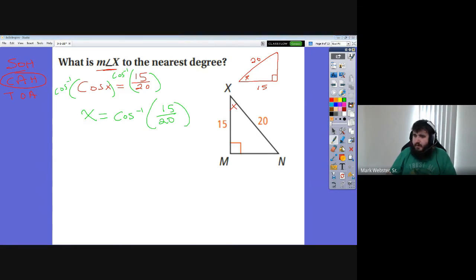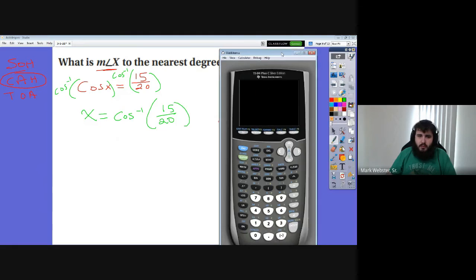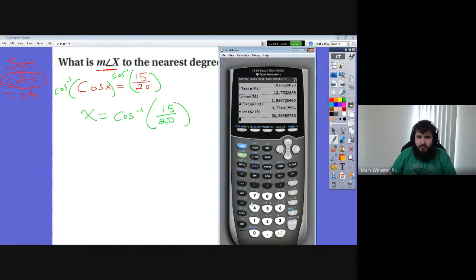So let's hit the buttons and type in the stuff. Remember, inverse cosine, we use the second function, make sure we get the inverse. It better say cosine -1, otherwise you know that it's not right. 15 over 20. Just like that. And there we go. What's our answer? 41.40962211.